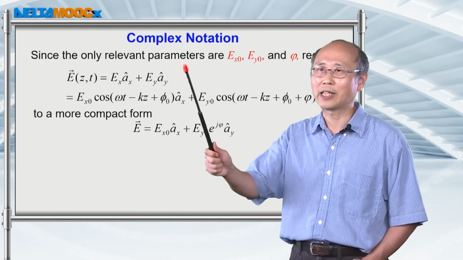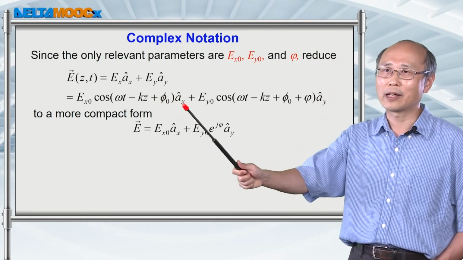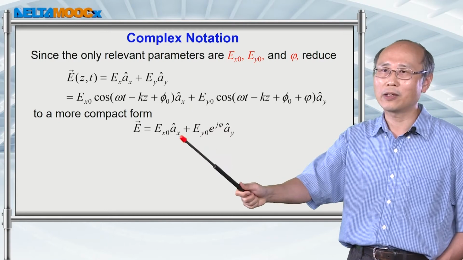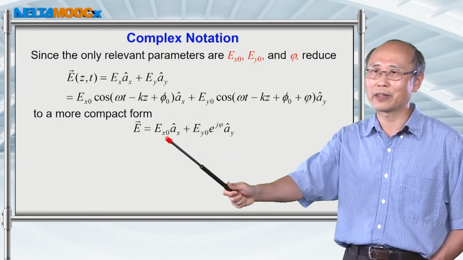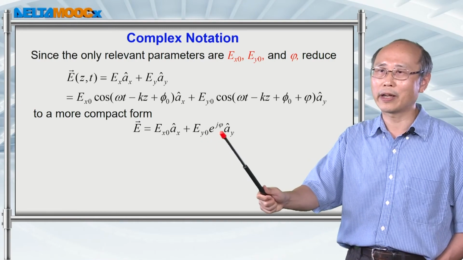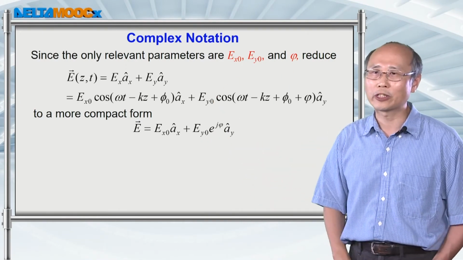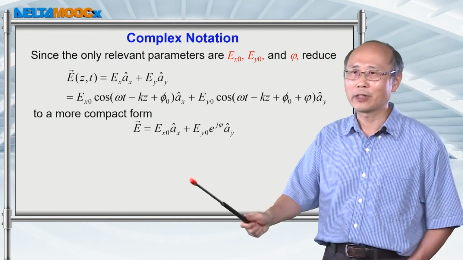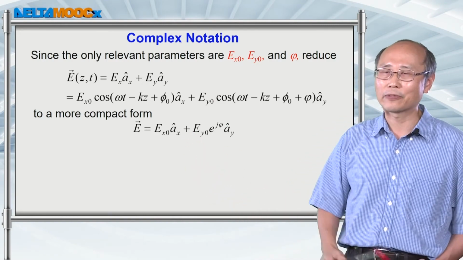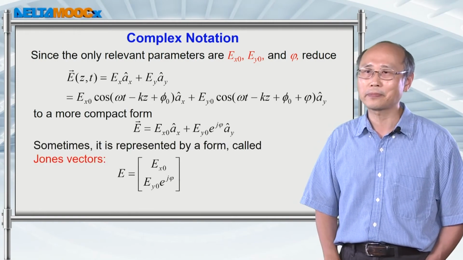So let's adopt a complex notation. Again, let's write down the real expression, and then just keep the relevant variables Ex0, Ey0, and also exponential j phi, and drop all the rest of the variables. So this expression is already enough to tell you the polarization state of the wave.